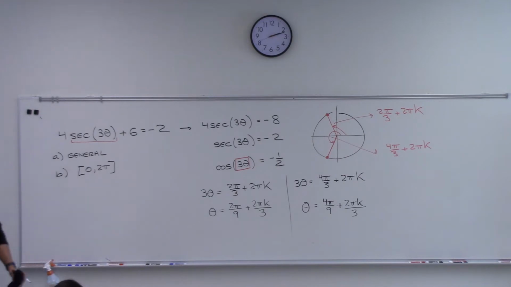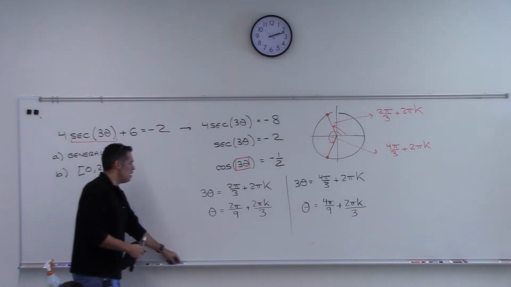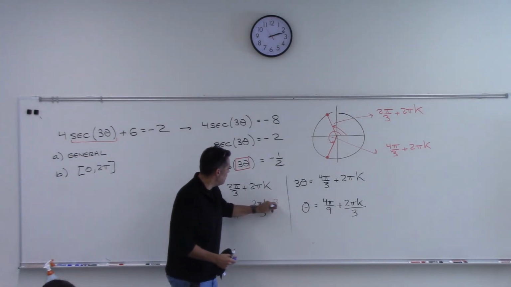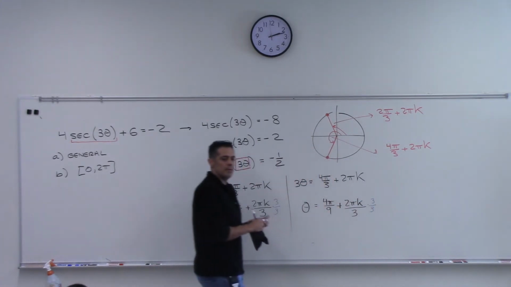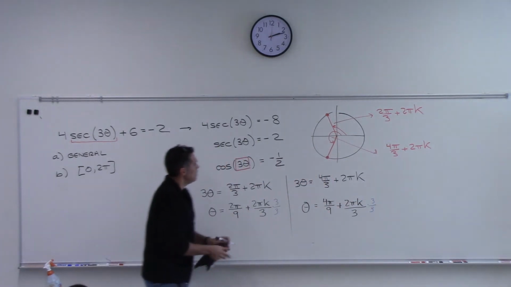And now you can do your common denominator. Okay? What's our common denominator? 9. So I'd probably multiply this one by 3 over 3 and then do this one over here by 3 over 3. Let me go ahead and put those over here.